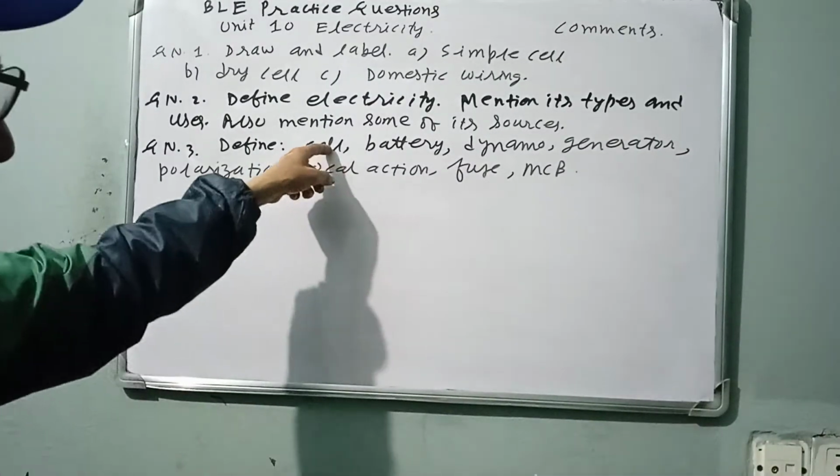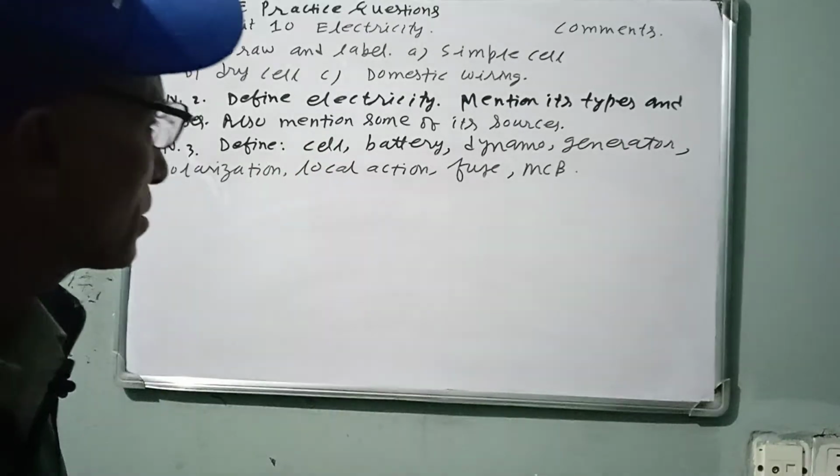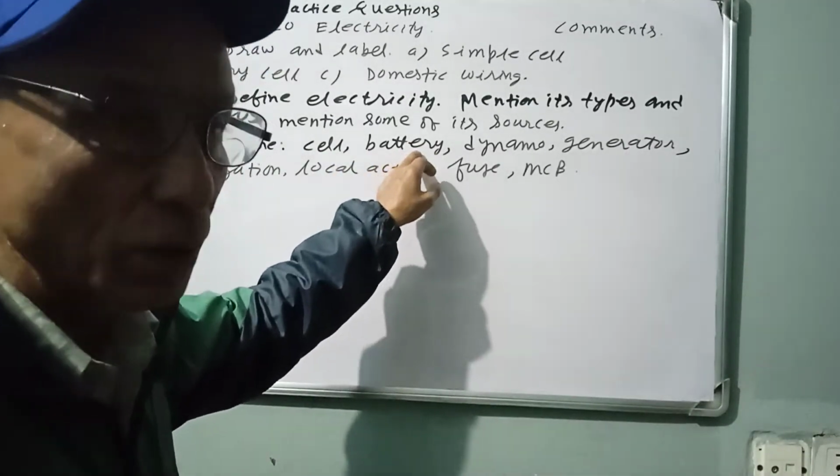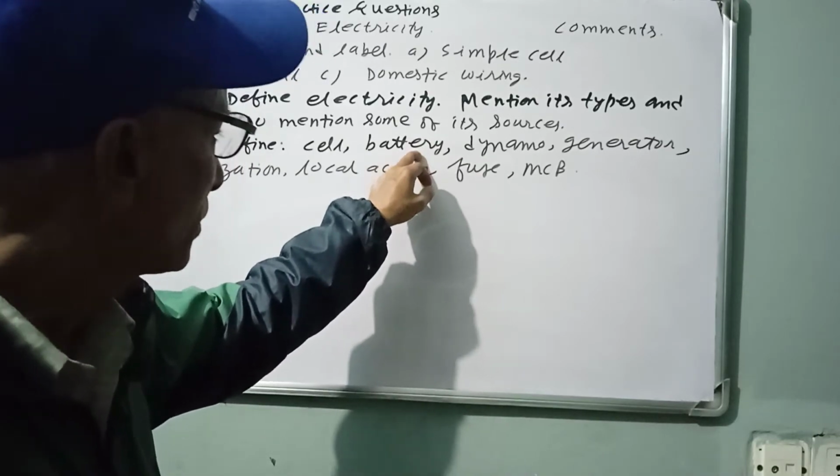A cell is a device which converts chemical energy in it into electricity.